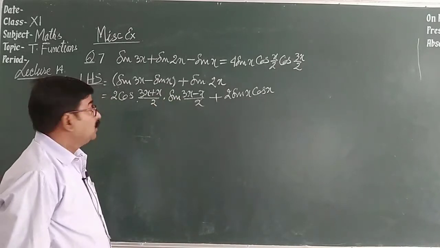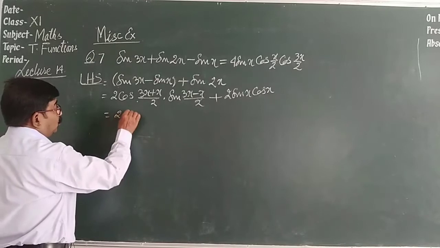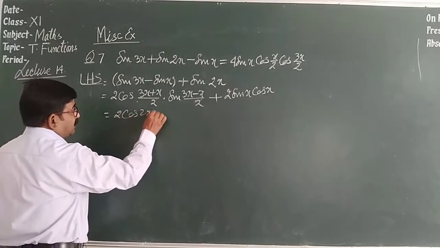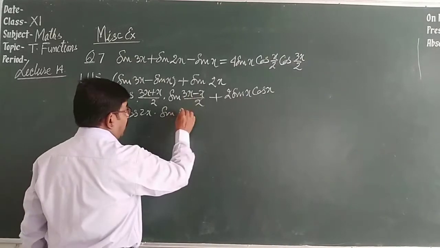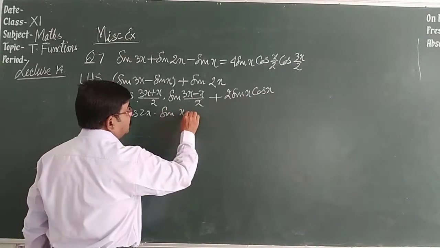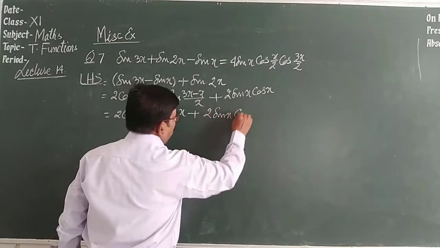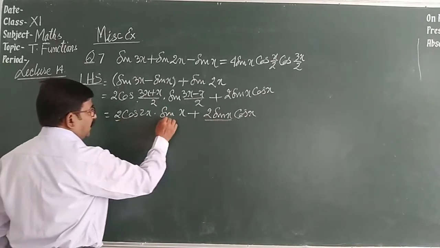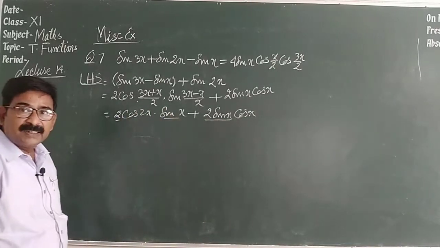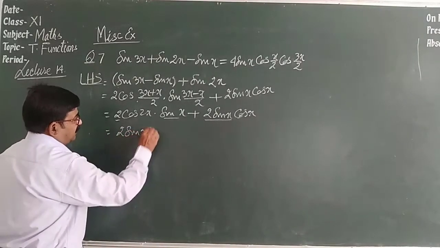Got it? Now this becomes 2 cos 2x sin x plus 2 sin x cos x. See, 2 sin x is here and 2 sin x is here, so 2 sin x is common.